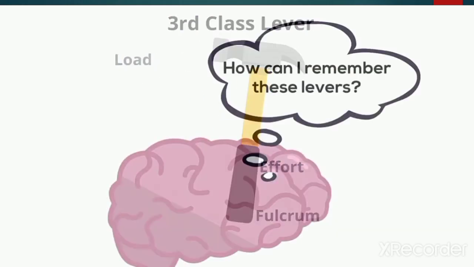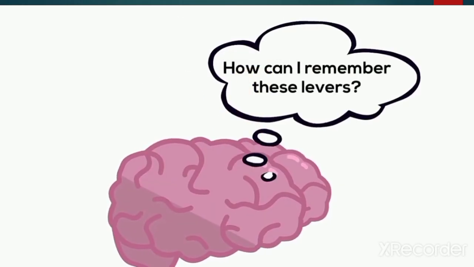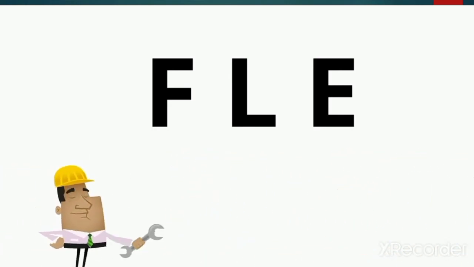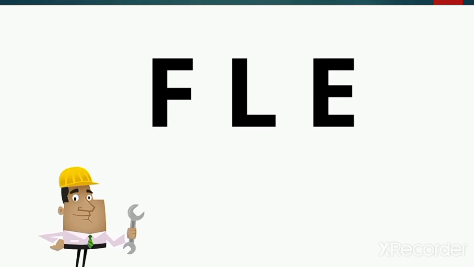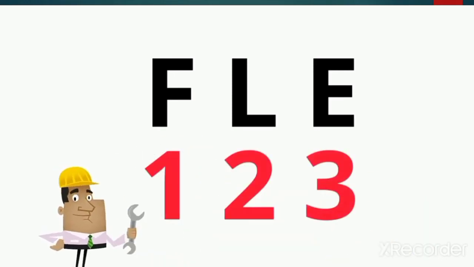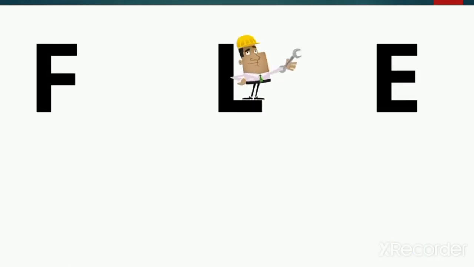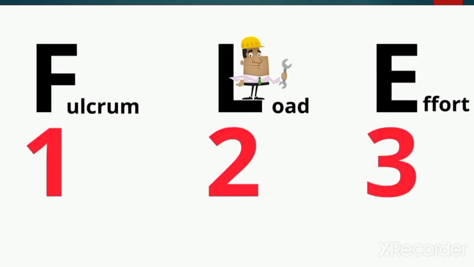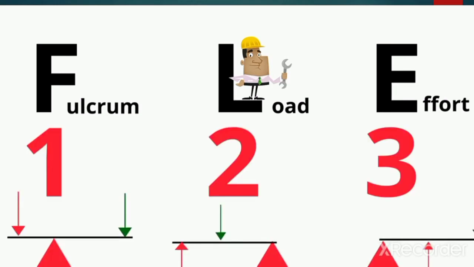Now let's take a look at this easy mnemonic device to help you remember the different class levers. First, you write out FLE, kind of like you're fleeing from someone chasing you with a lever. Next, underneath, write 1, 2, 3. The letters stand for fulcrum, load, and effort, and tell you what's in the middle. The 1, 2, 3 is the class of lever.